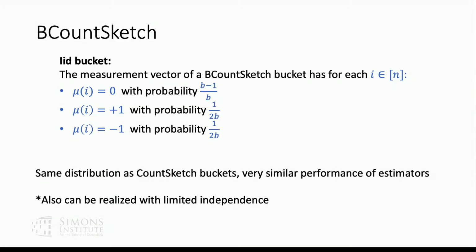It's basically the same distribution at each count sketch bucket, and the performance of the estimators is very much the same. We can also do an analysis with limited independence, but it maybe loses just a little bit because it's not a perfect partition. Because then instead of getting one estimate from each set, we get a random number of estimates for each key.